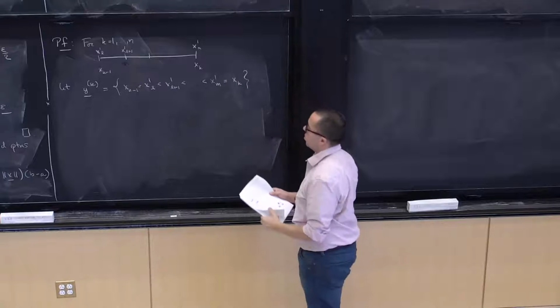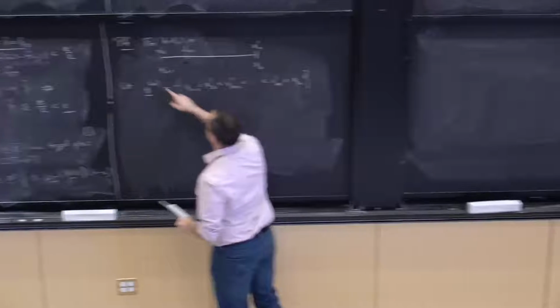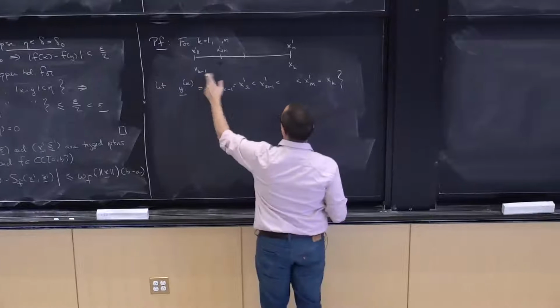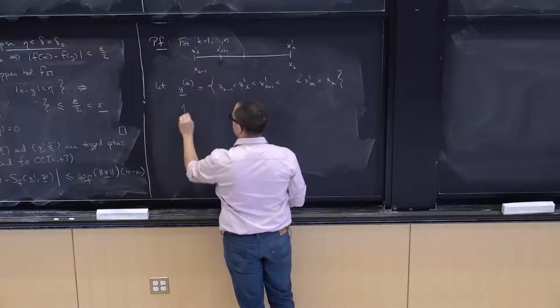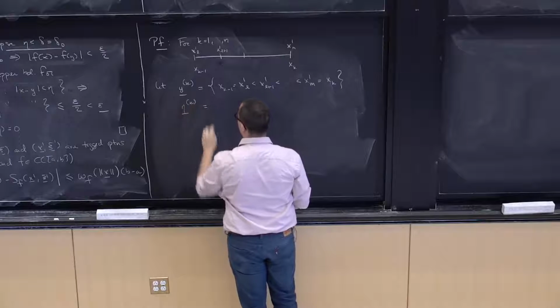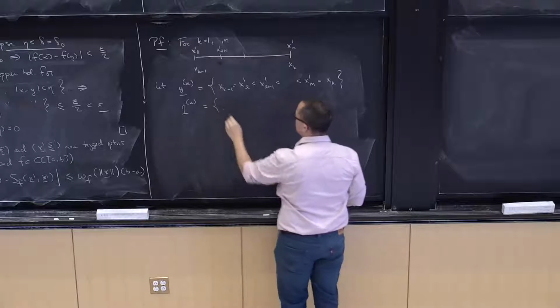Okay? So this is just a part of the partition x prime contained in this subinterval where these are partition points in x. And then I'm going to write eta k. This will be the tags that come with these points.